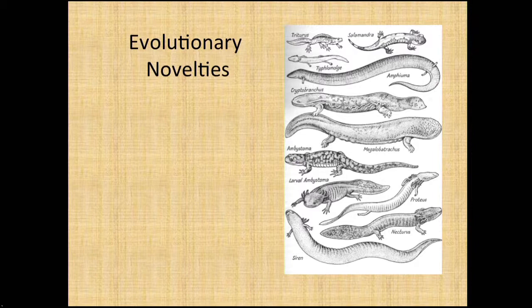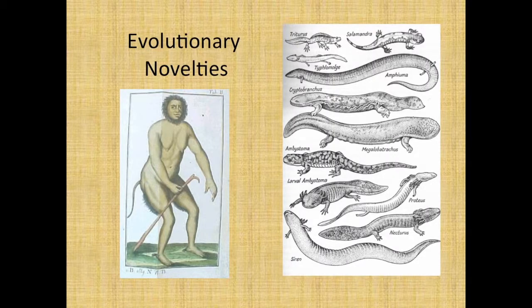So if you look at things like these salamanders, they look quite different from one another. But when you lay them out like this, they look rather similar to each other, at least when you compare to something that would be a real novelty, like this guy. This kind of goat boy, half-man thing.